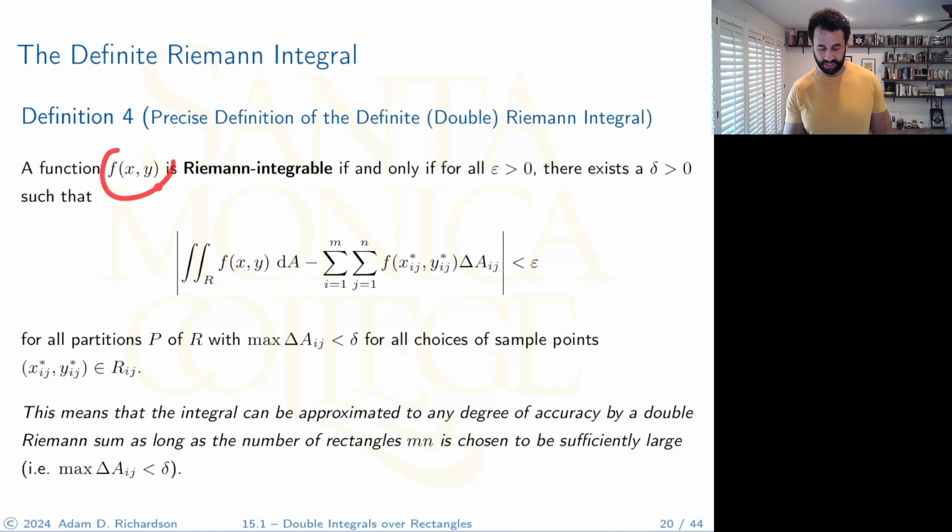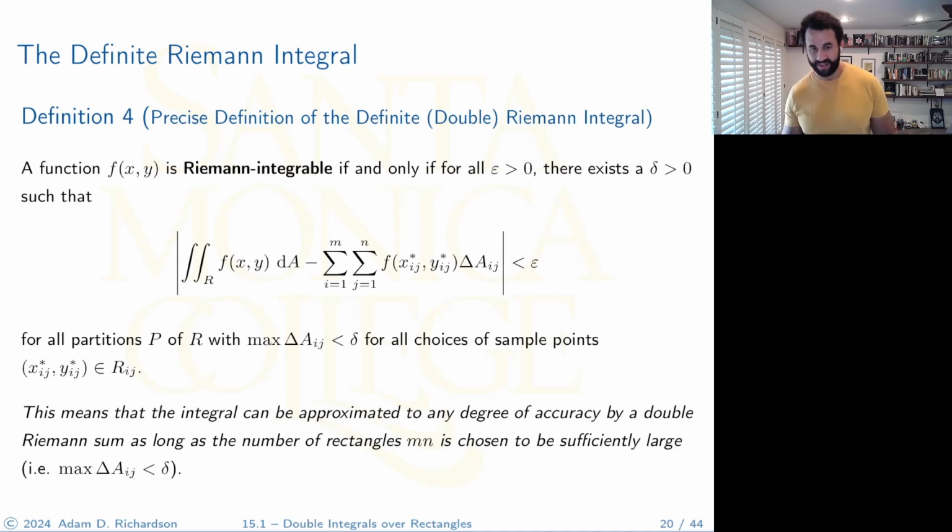We say that a function f of x comma y is Riemann integrable if and only if for all epsilon greater than 0, there's a delta greater than 0 such that this distance is small for all partitions P of our rectangle as long as the maximum area of the subrectangles is less than delta, and for all choices of sample points.